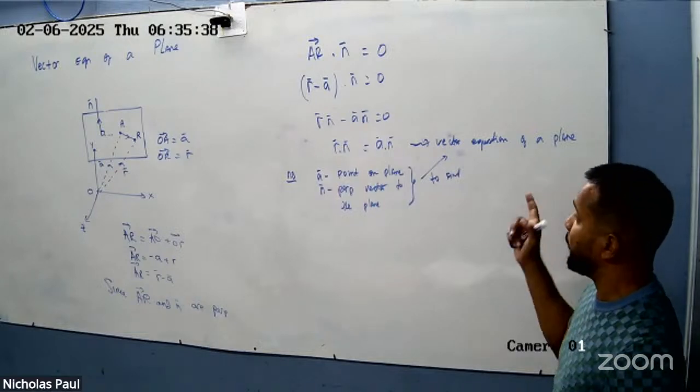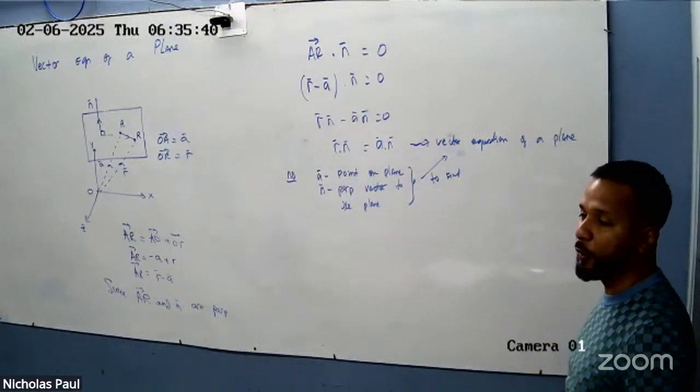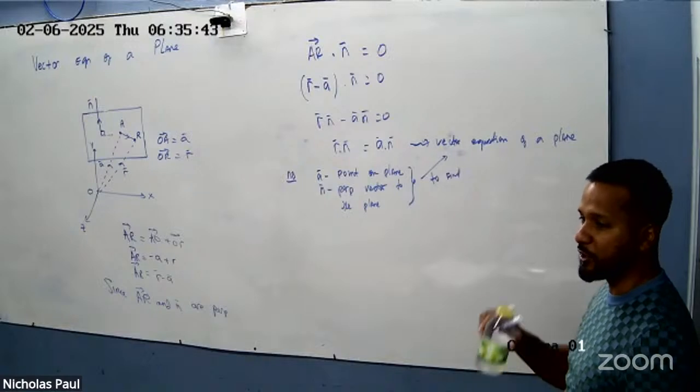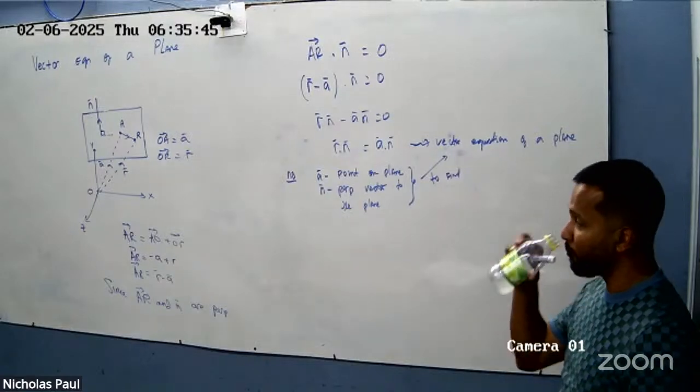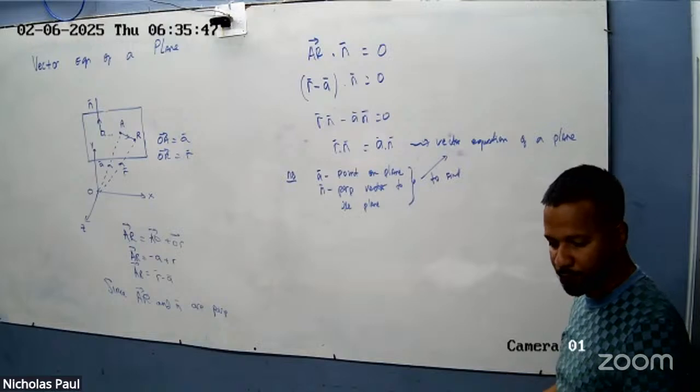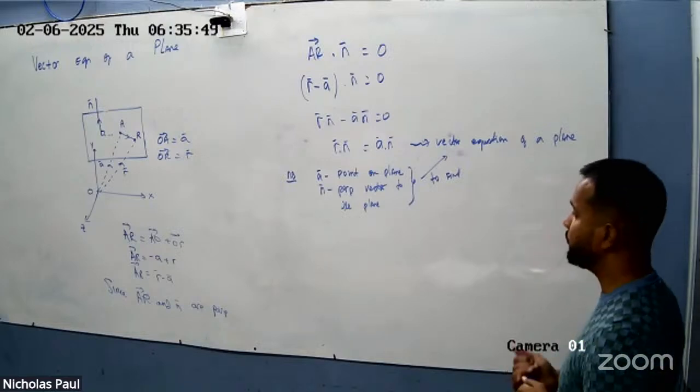So that is the vector equation. I'm going to show you how to do it, and then we're going to get the Cartesian. Copy it up.